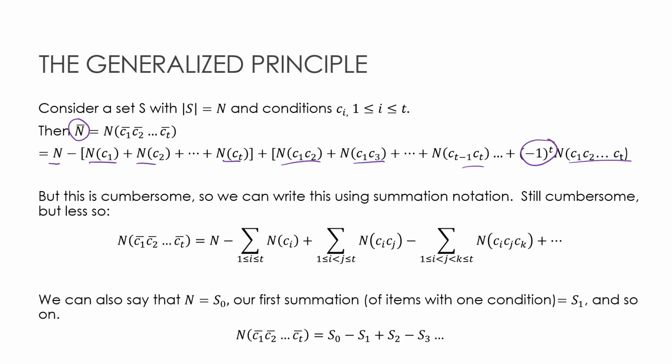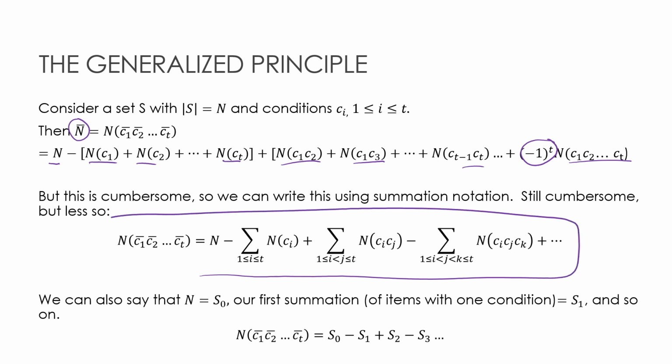So to write it in a generalized way using summation notation, you might see it written like this, which is really the exact same thing that we've been talking about, so don't get freaked out if you see something like this.